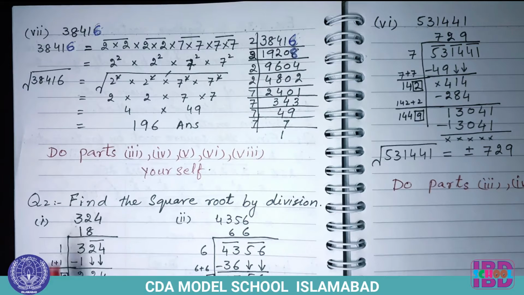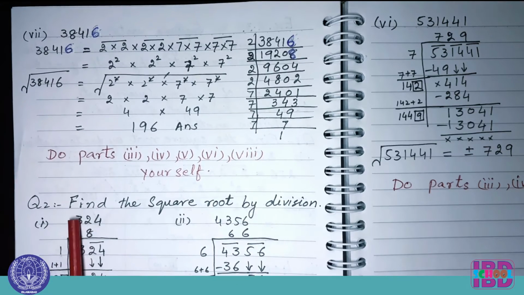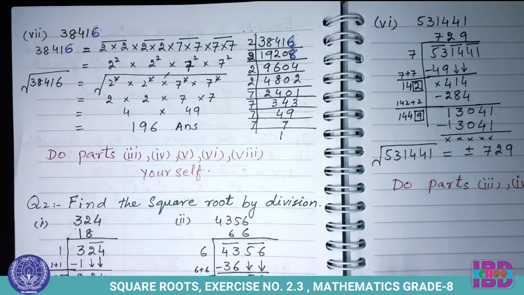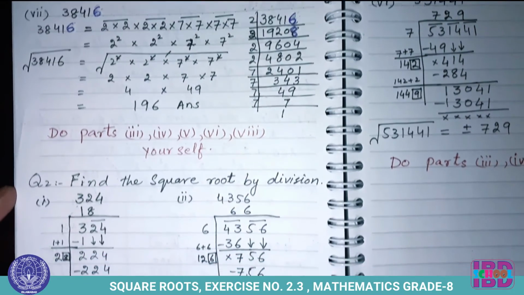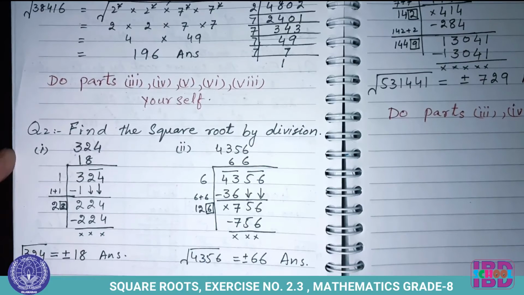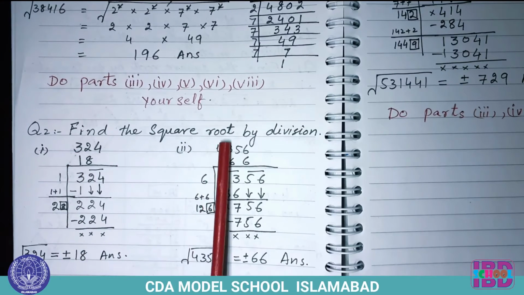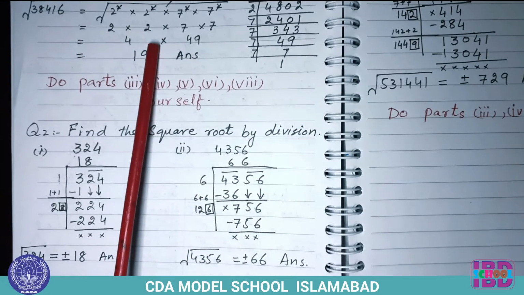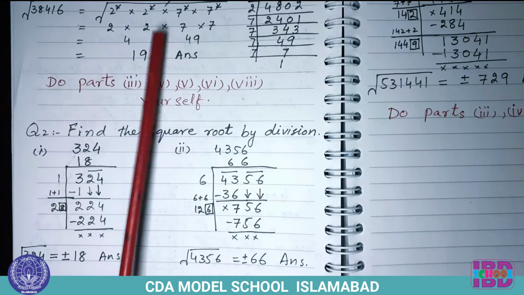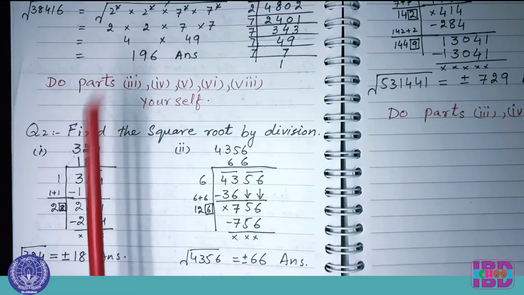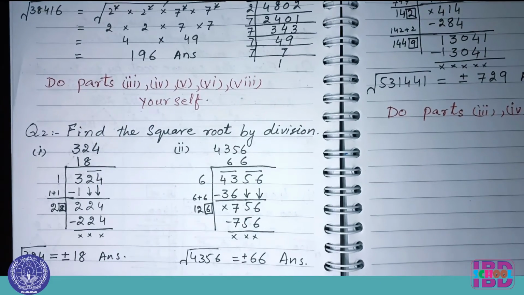Now question number 2 is find the square root by division method. Dear student, here one question arises in my mind, why can't we just choose prime factorization method every time, as we understood this method very well?